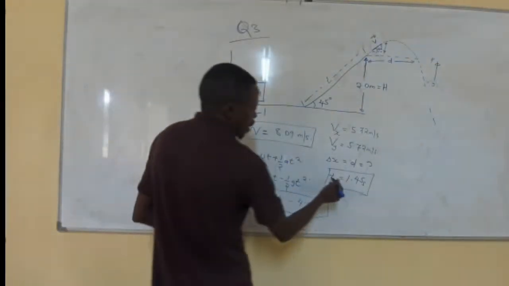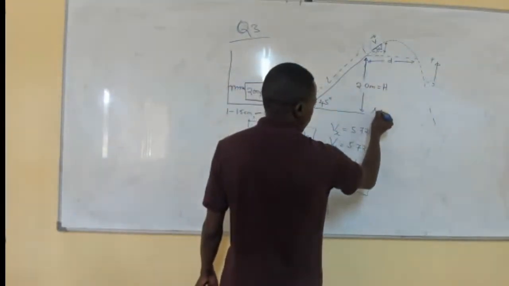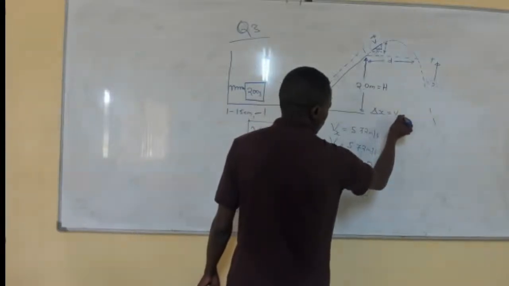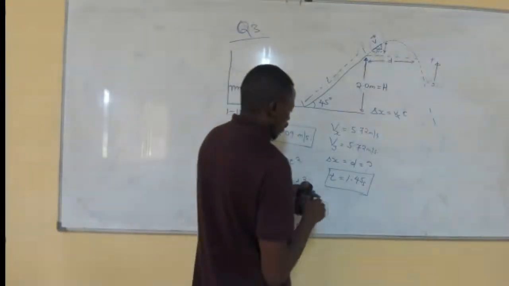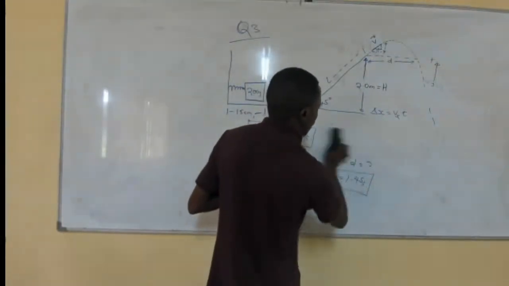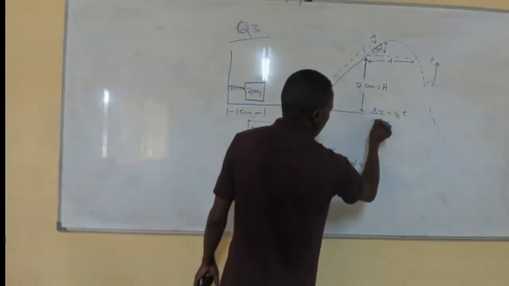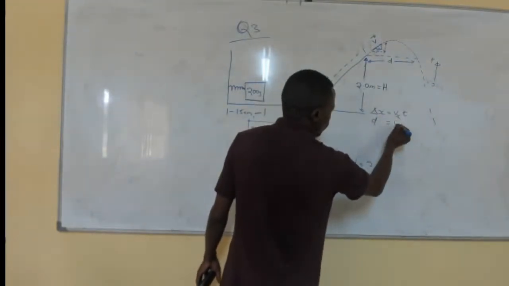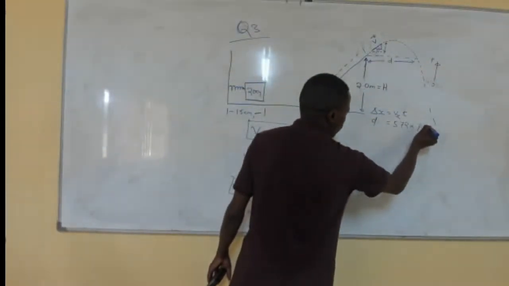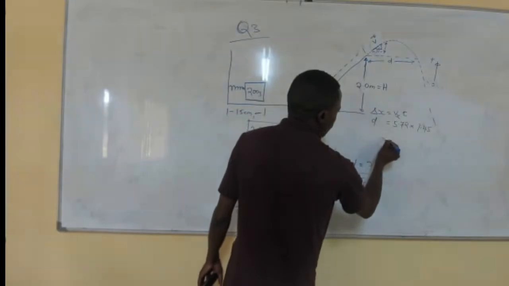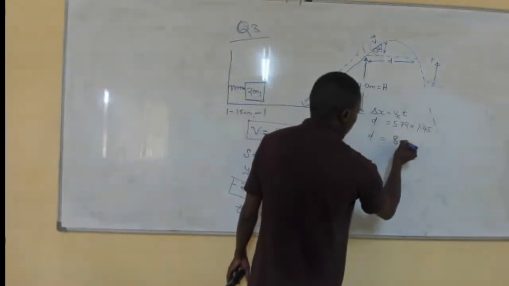Now that I know my time, and I know that the x range is given by the change in x, that should give you the velocity in the x times the time. Remember that the velocity in the x direction was found to be 5.72, multiplied by the time that we just found using the quadratic equation, 1.45. When I do that, I expect my d to be 8.29, somewhere around there.